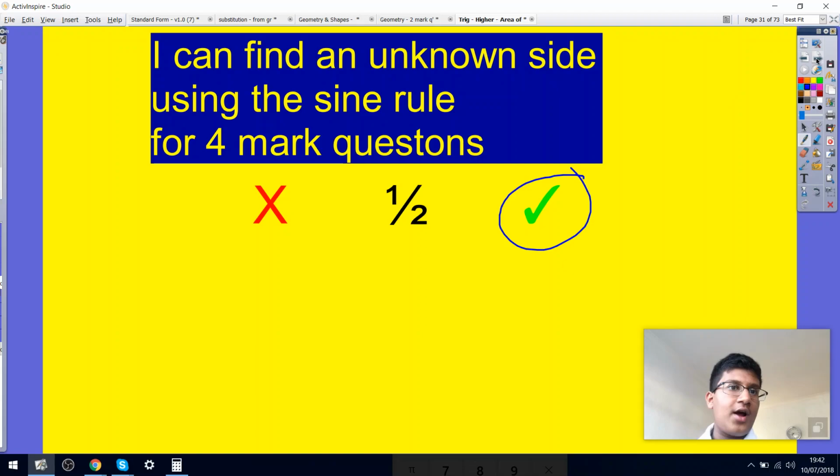Okay, so area for this triangle. We can use the sine rule again for this to find the missing lengths. So I'll draw the triangle.